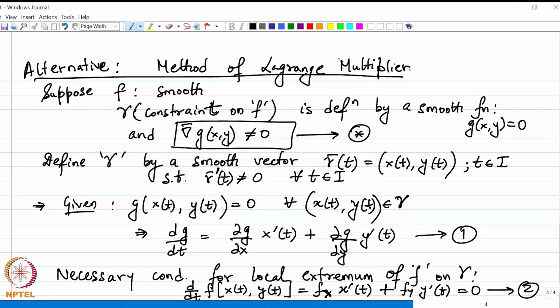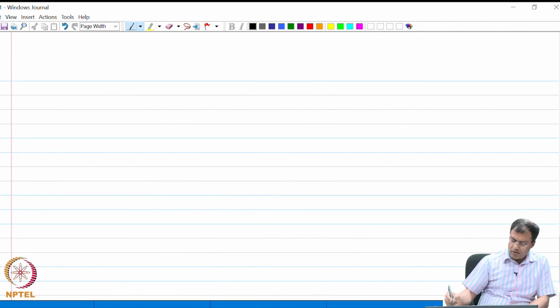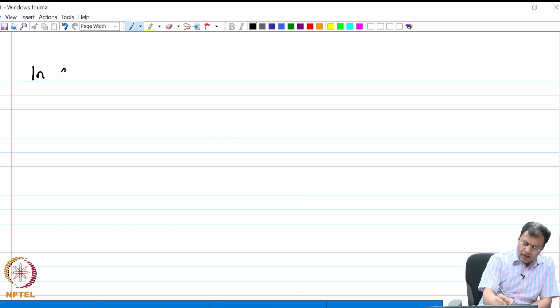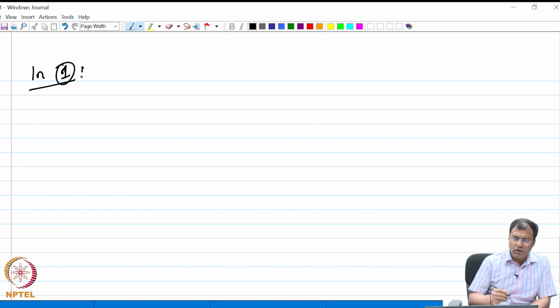Now, from star, we know that the gradient of g does not vanish, right. So, look at this quantity 1. In 1 I have used both the derivatives of g with respect to x and y.